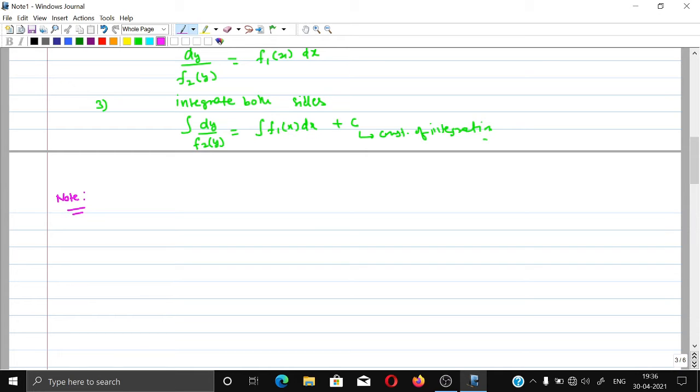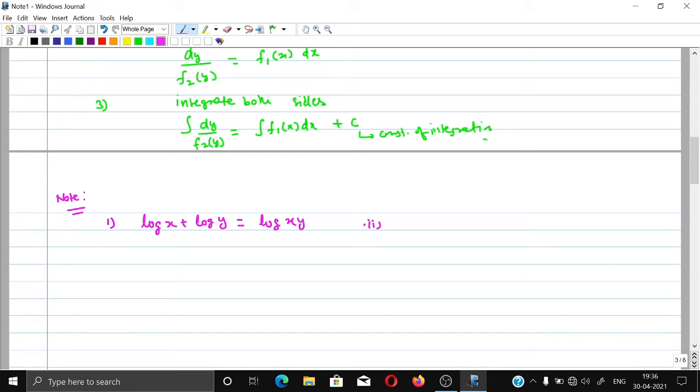Some important formulas: first, log x plus log y equal to log xy, where x and y should always be positive.